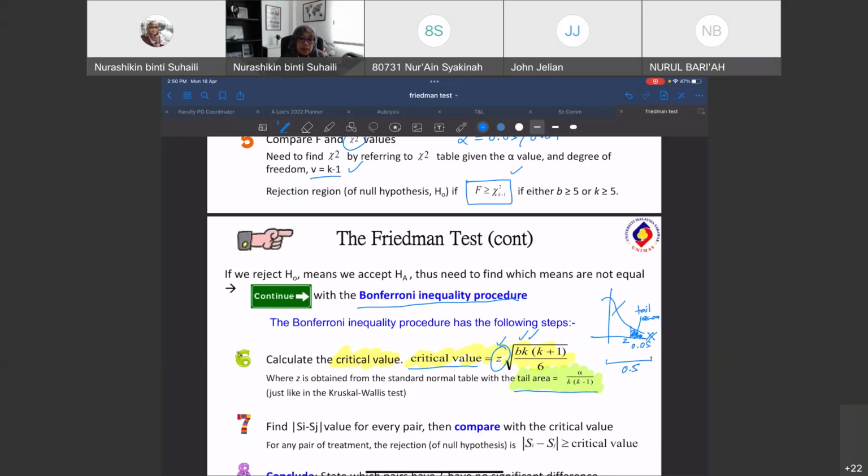That is something you have to know by yourself, because that is the characteristic of the standard normal table. So to find this area, let's say A, you have to do 0.5 minus the tail area. Then you will get the area here. Only then can you refer to the standard normal table.